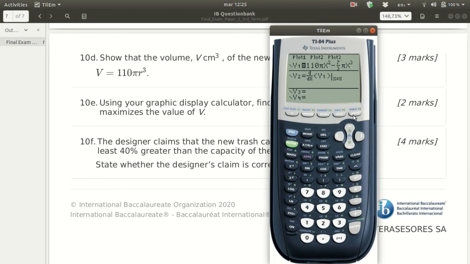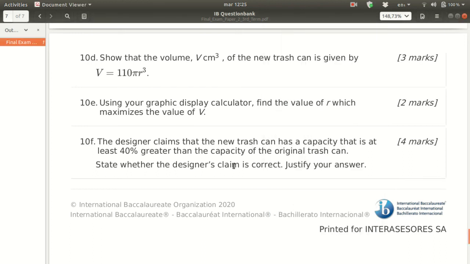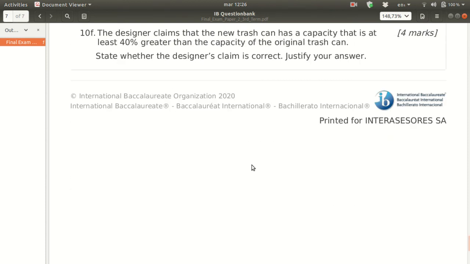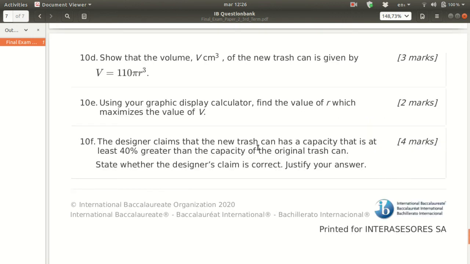We know that the trash can is maximum when it's 31.4. 113 is the volume of the new trash can, and it says that it's at least 40% greater, and 40% greater would be 111. So is the designer correct? Yes, because 113,000 is greater than 111,000. So that would be the answer to the last question.